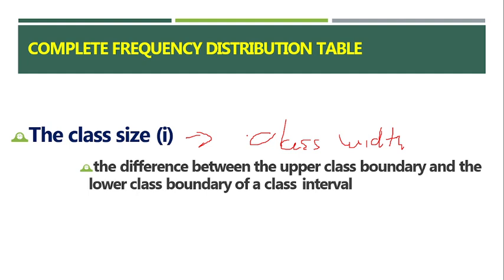It is the difference between the upper class boundary and the lower class boundary of a class interval. But when we are referring to class width with the limits, it is the upper limit minus the lower limit, then plus 1.